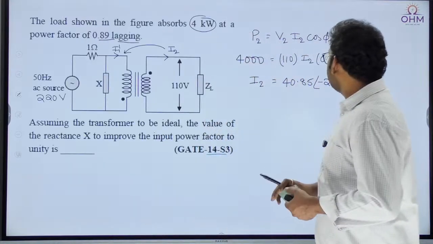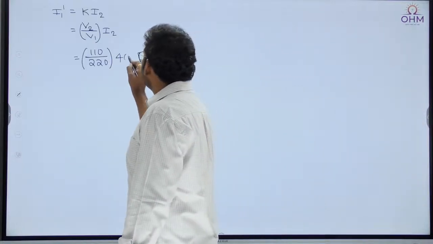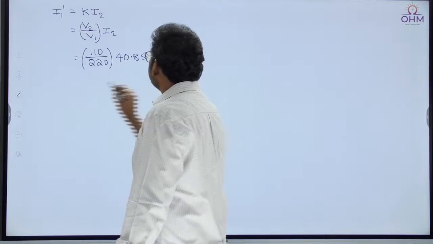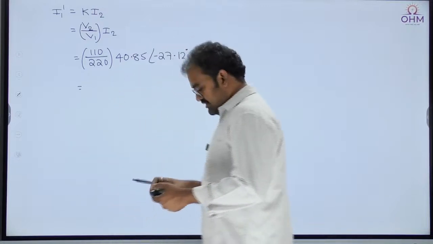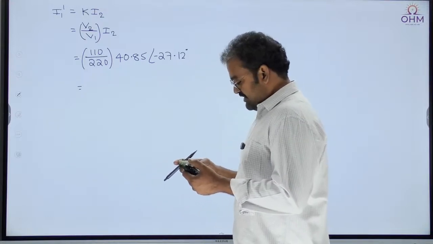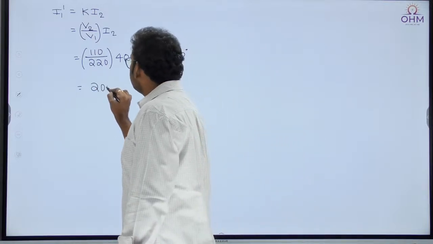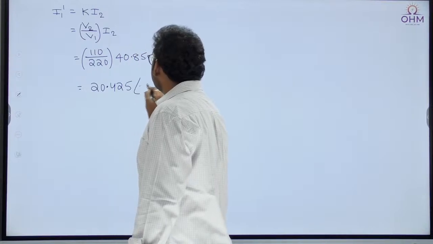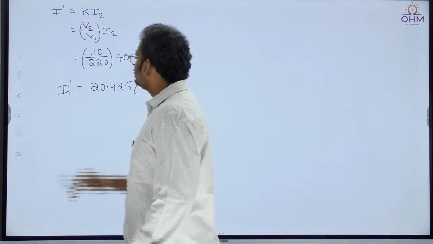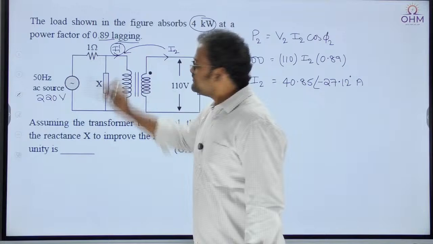That was 40.85 at an angle minus 27.12 degrees. This will give you I1 dash. So it will be 40.85 by 2, so is it not 20.425 at an angle minus 27.12 degrees? This is I1 dash. So I got the I1 dash magnitude.